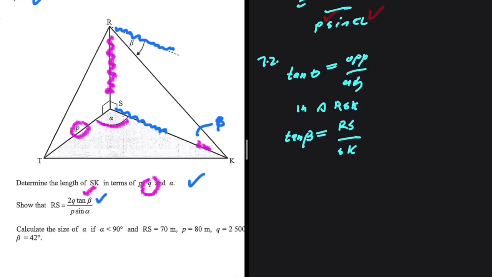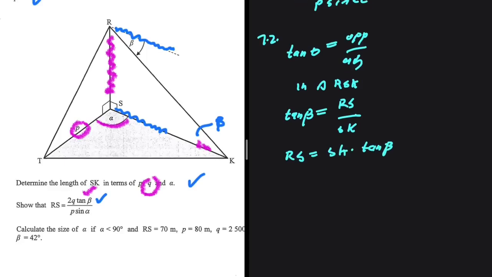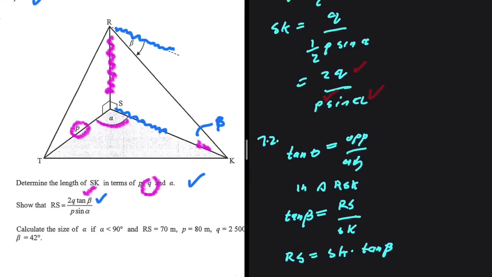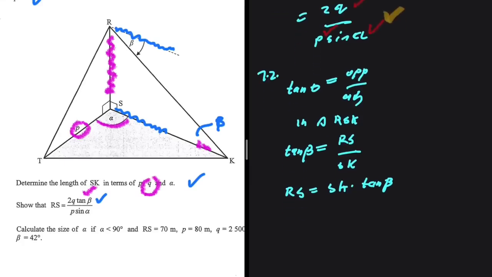If we cross multiply here, we get RS equal to SK multiplied by tan of beta. But what is SK? We determined SK in 7.1. SK is equal to 2Q divided by P sine of alpha.